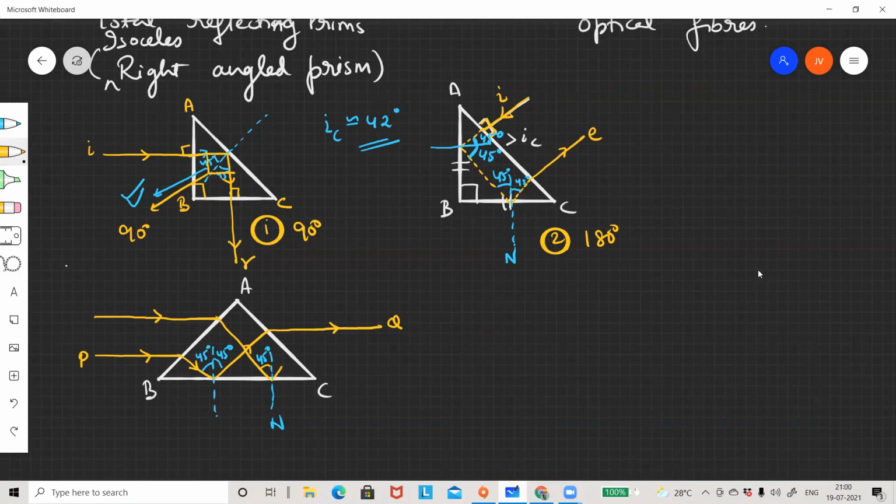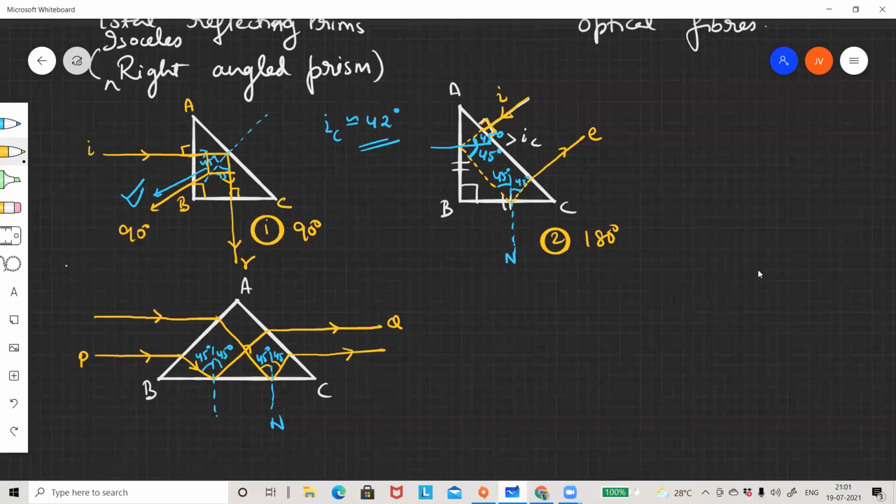Total internal reflection occurs when the angle of incidence is greater than 42. So say for example, if it hits the surface BC at 45, then the angle of incidence and angle of reflection both will be 45. So the ray of light at the surface BC is turned by 90 degrees, and finally it exits.